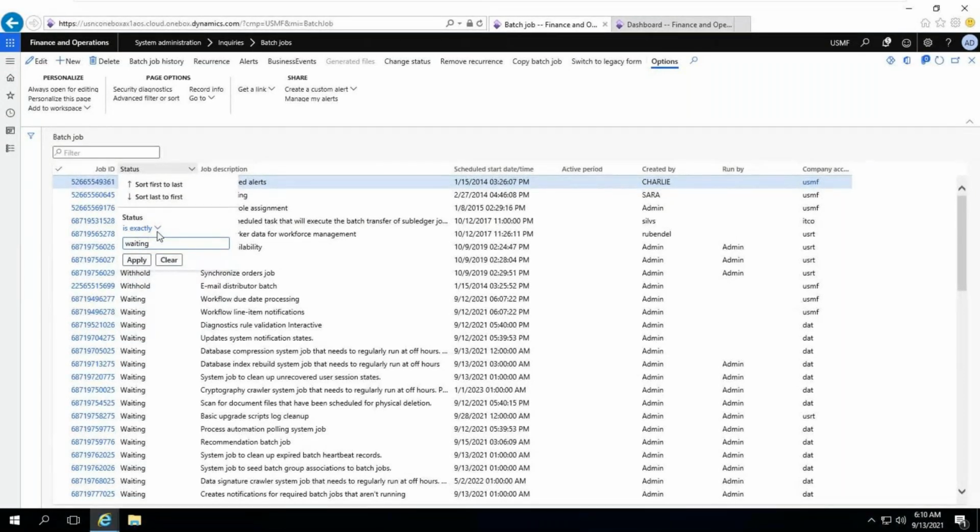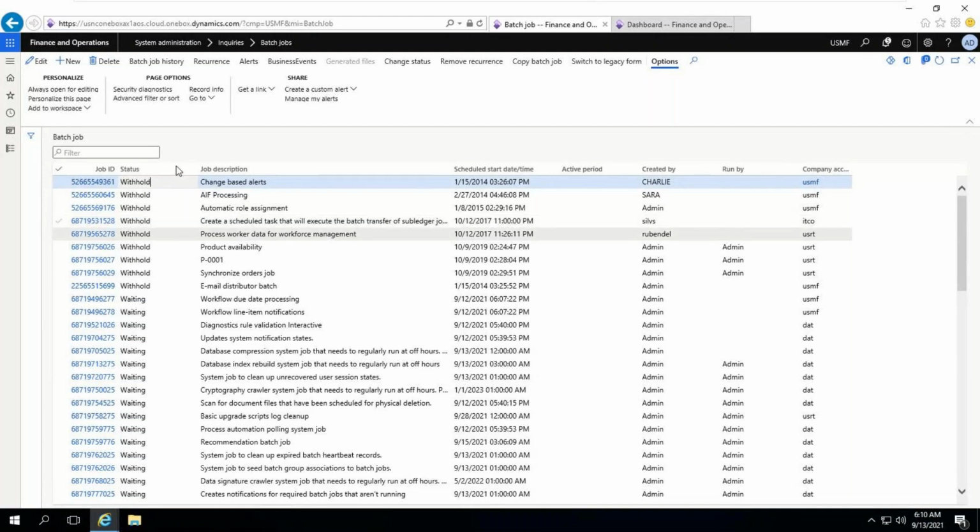Here you can use contains or anything, but the waiting status. Please handle this with care to improve your system performance.